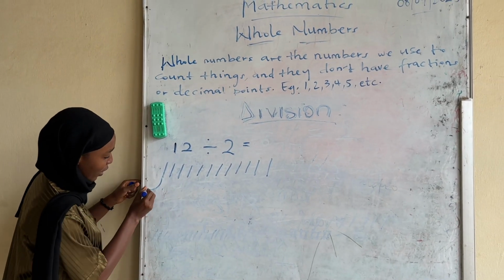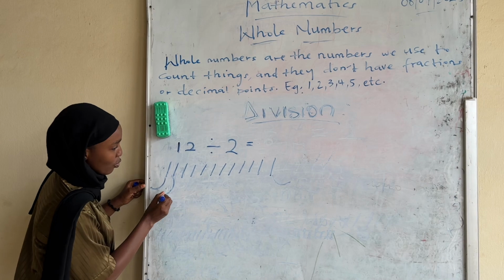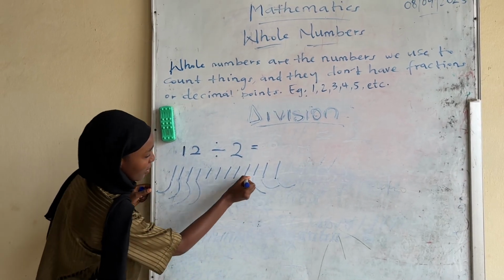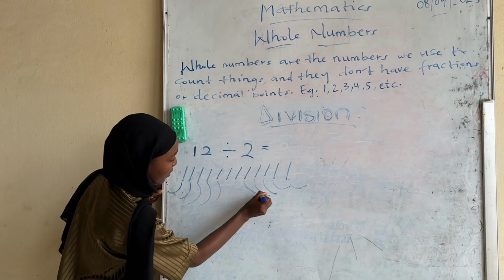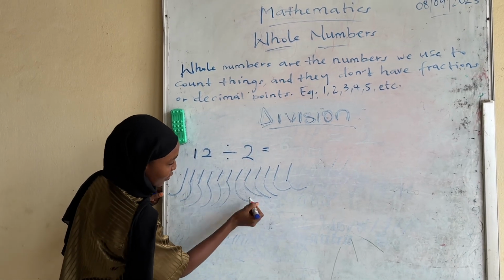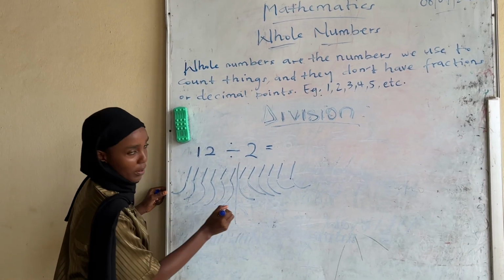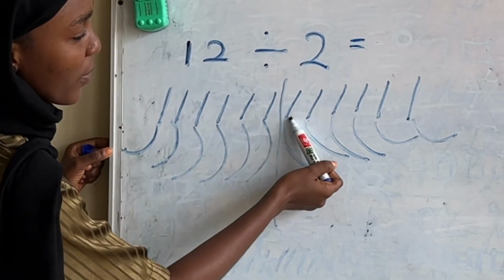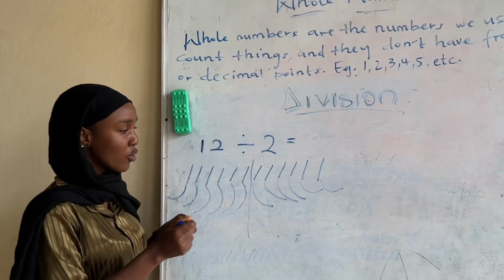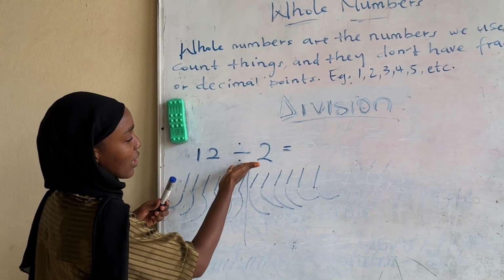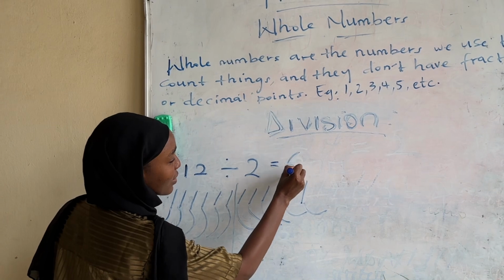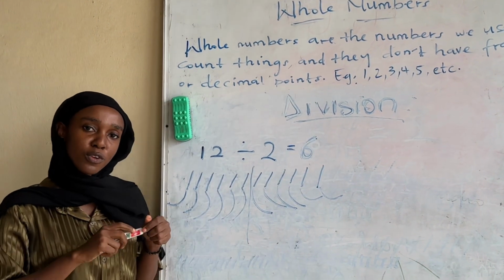So you count 1, 2, 3, 4, 5, 6. So are you seeing that here is the demarcation, and one friend is getting 6 strokes, the other friend is getting the other 6 strokes. So you are seeing that 12 divided into 2 is 6. Always remember you are dealing with whole numbers.